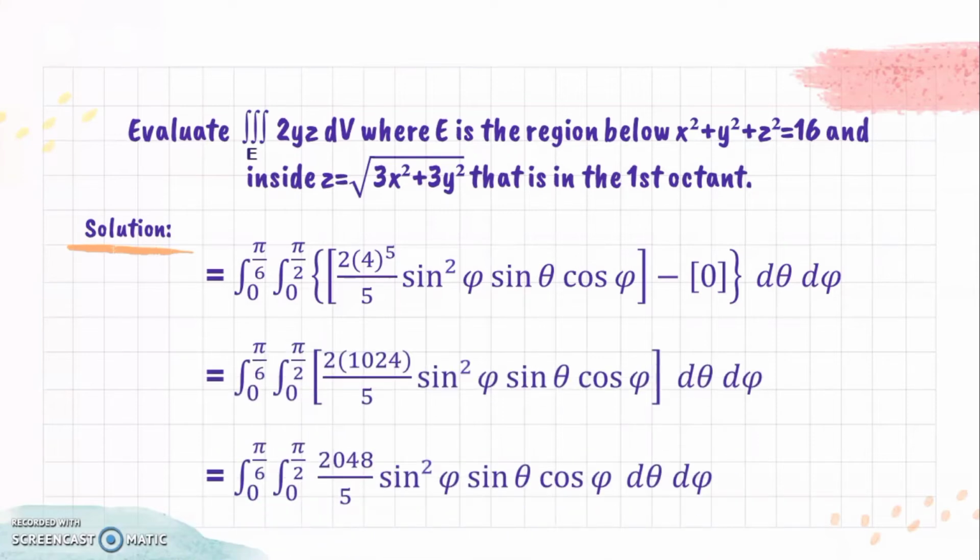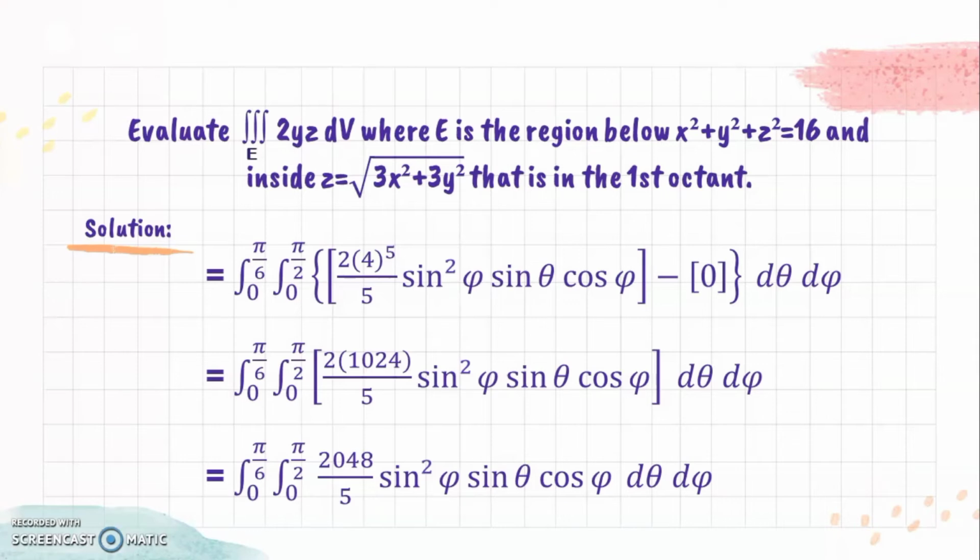So we have arrived at having the double integral of 2048 over 5 sine squared phi sine theta cosine phi d theta d phi, evaluating from 0 to pi over 2 and 0 to pi over 6. Again, since we are integrating with respect to theta, we will treat this as constant.